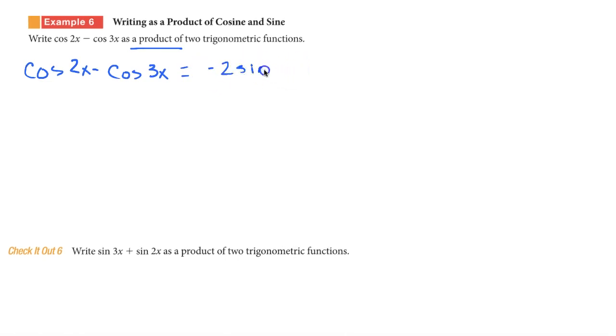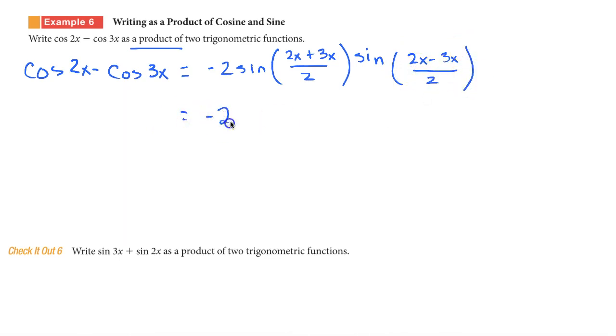Negative 2 sine of A plus B, so 2x plus 3x over 2, times sine of A minus B, 2x minus 3x over 2. So that's going to give us negative 2 sine of 5x over 2, sine of negative x over 2.